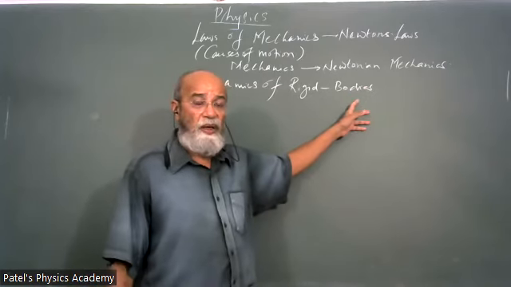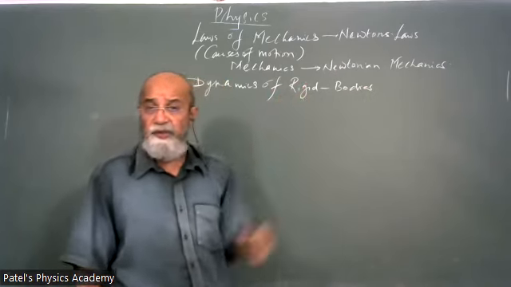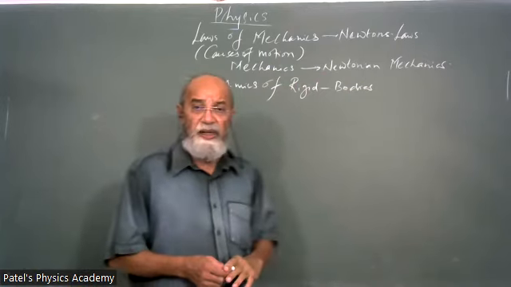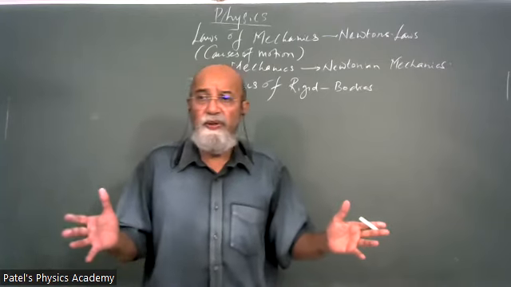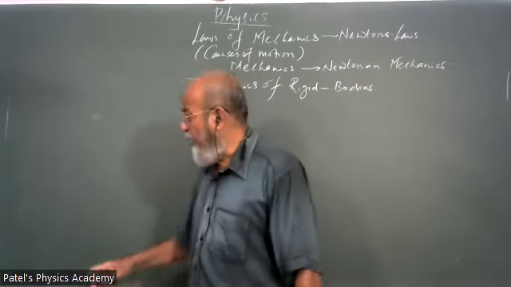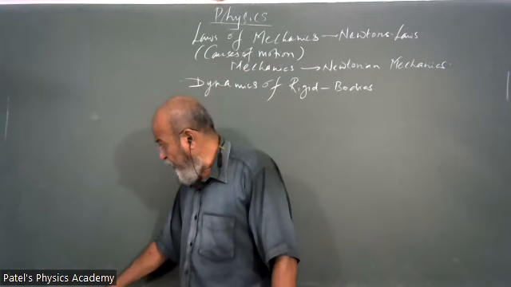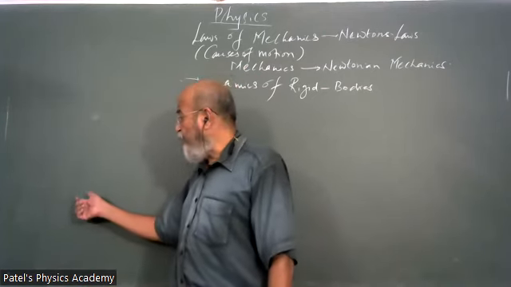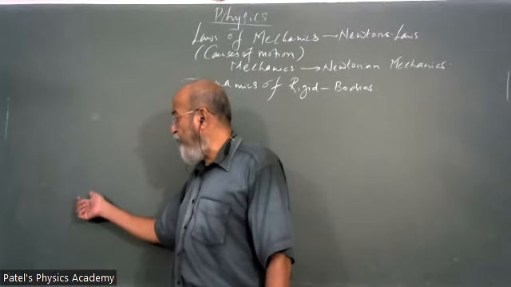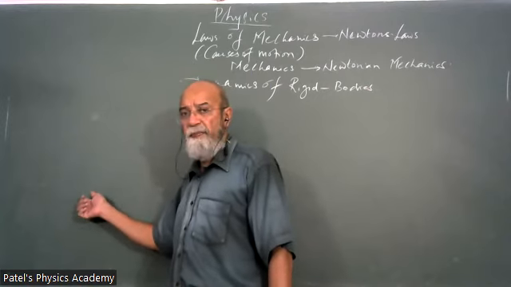And why rigid bodies? Well, as I explained in the very first few classes, there is no object on Earth which is rigid. This metal or this ceramic board, which to touch appears really solid, you can't penetrate it.